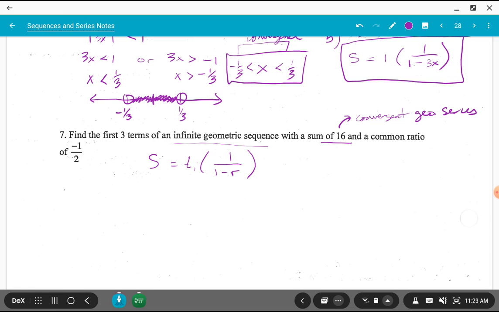We have a common ratio of negative half, so I'm going to plug that into my formula: t sub 1 times 1 over 1 minus negative half.